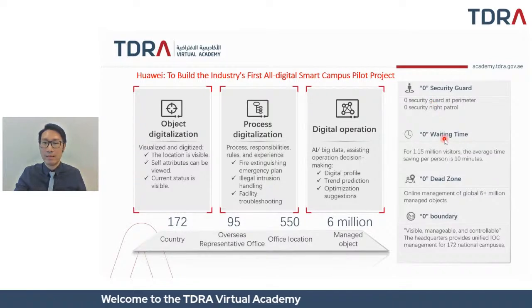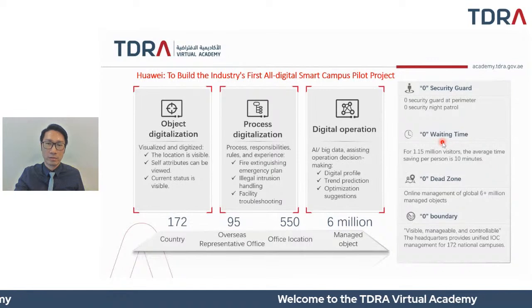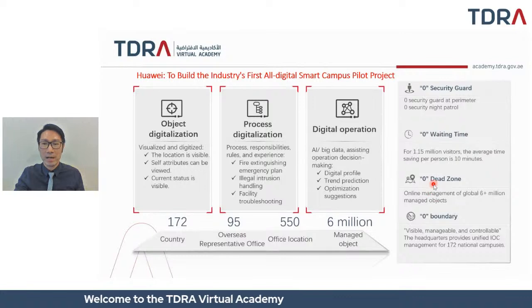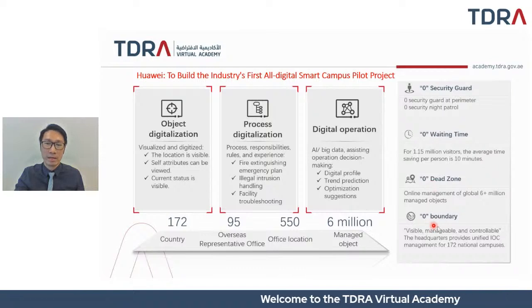And for the visitor, there will not be any waiting time. Everything can go through the platform for the registrations. And we have very good management of the objects and the assets. Also, we don't have the boundary anymore.